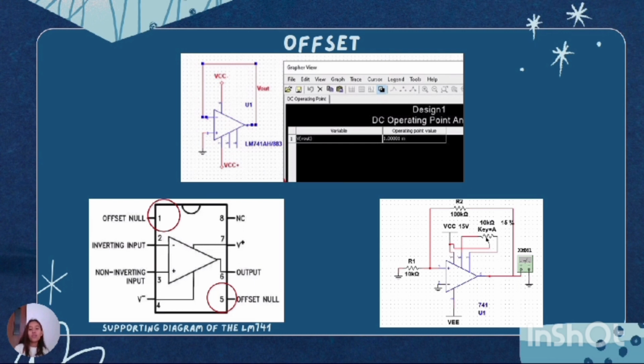Depending on the type of operational amplifier we use, the offset voltage can vary. Fortunately, most amplifiers have pins to eliminate this error. In the case of the LM741, one of the most used, the pins to eliminate this error are pins 1 and 5.